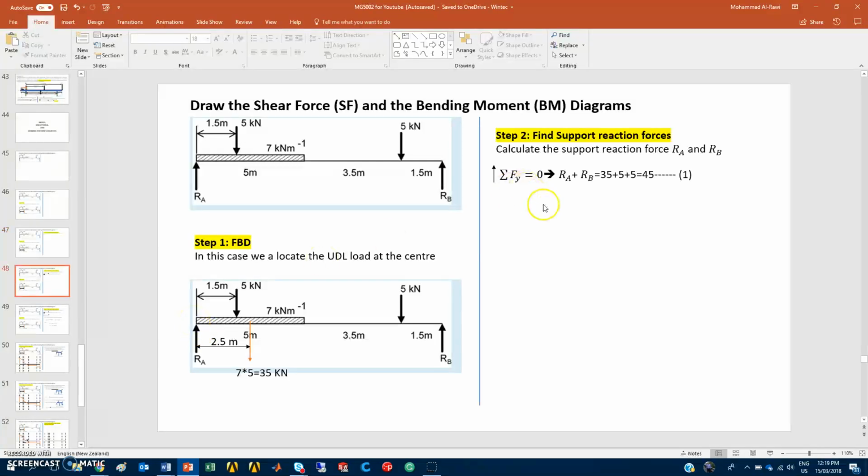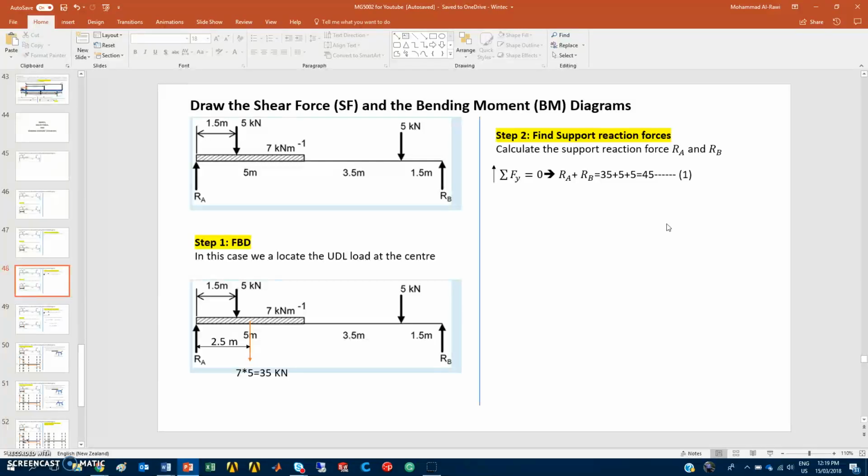The summation of forces in the y direction, upwards is positive. RA and RB going up equal the opposite: the 35 kilonewtons, the weight of the UDL, and the 5 kilonewtons and 5 kilonewtons. We'll call this equation 1: RA plus RB is equal to 45.